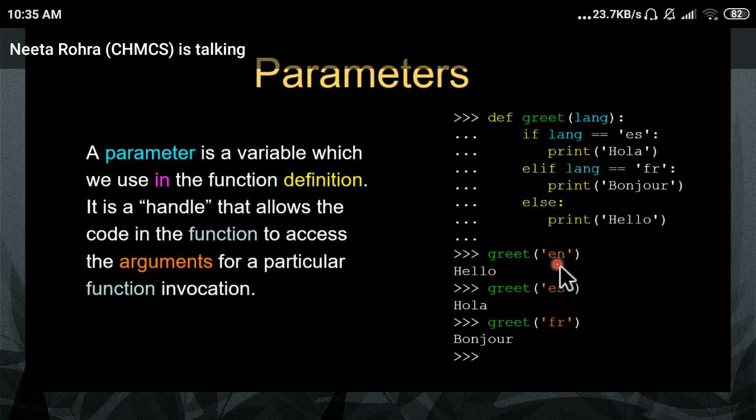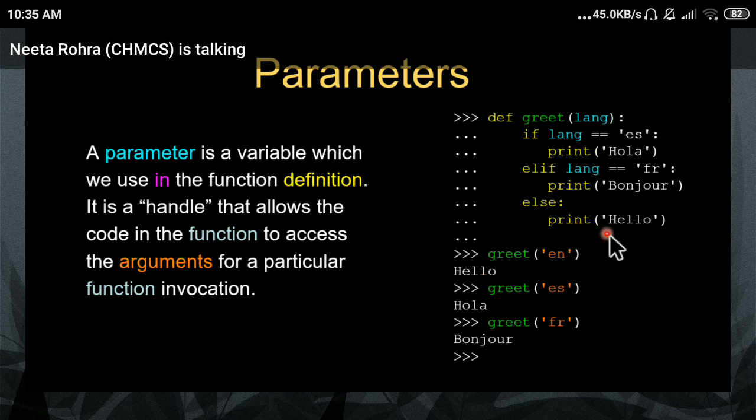Since it is a string, it sends this string value. So when the call is given, this function is called. In lang, the language argument, en gets stored. It checks if language equals en, no. Else if language equals this, no. Else it prints hello. So hence you get the value hello.